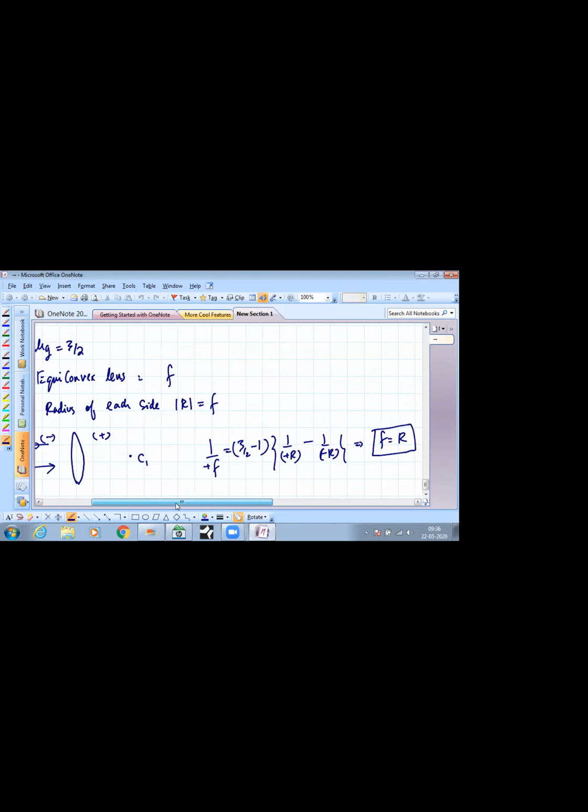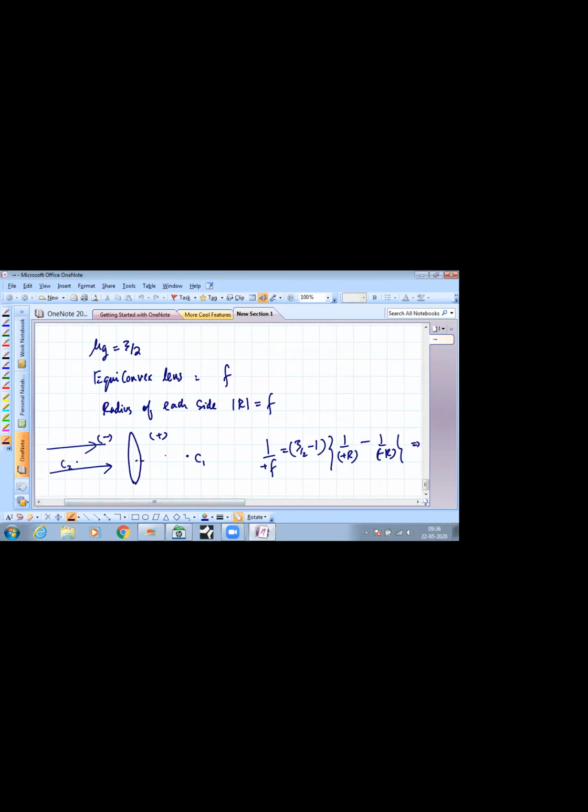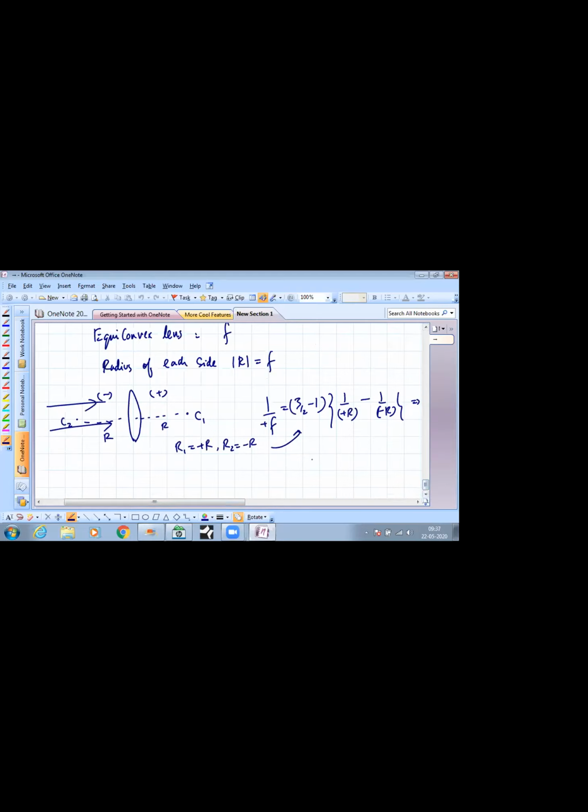Substitute this distance as r and this distance as r because they are equiconvex. So r1 should be substituted as plus r and r2 should be substituted as minus r. So over here in the lens maker's formula you get this relation that the magnitude of each side's radius is equal to the focal length.